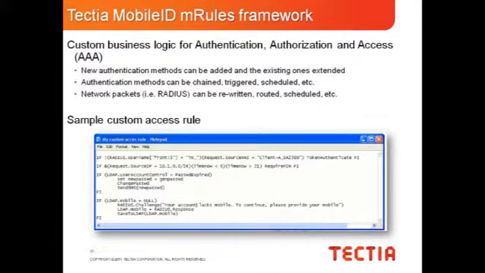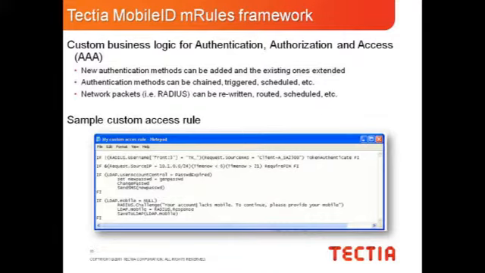They can be chained, they can be triggered, they can be scheduled, and so on. Network packets, i.e. radius or SOAP, can be rewritten, rerouted, scheduled, and so on. And here, in this text editor, you see a real-life example of one mRule script.